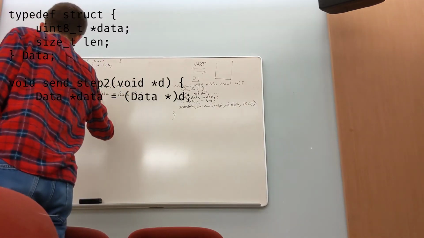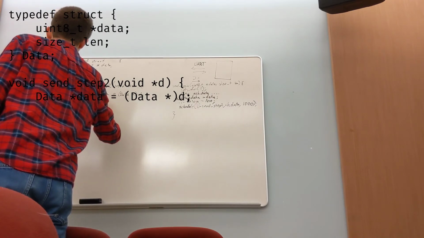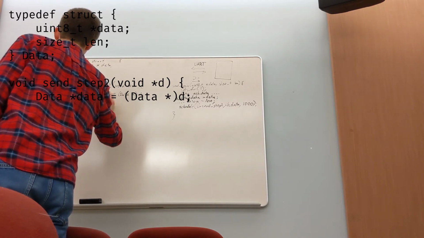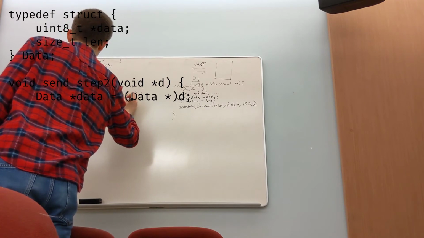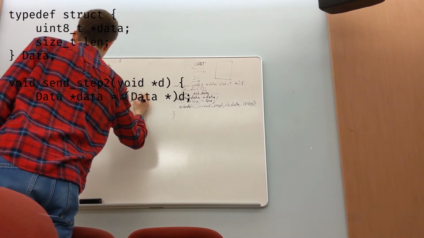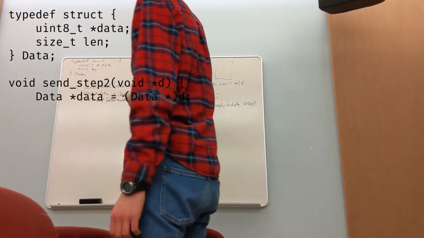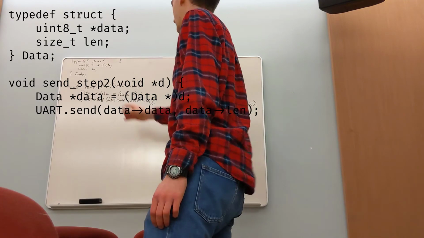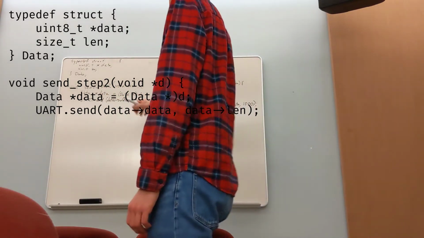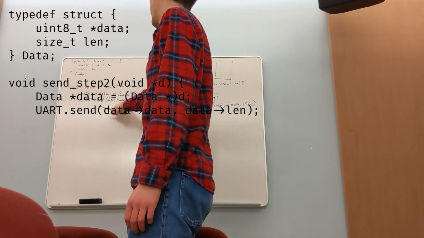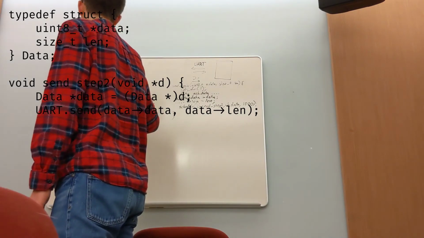And then maybe we do like UART.send, so we pass into our UART API. Again, exactly what that function looks like isn't important to us, but the data that we're sending and the length of that data, which is information it needs.